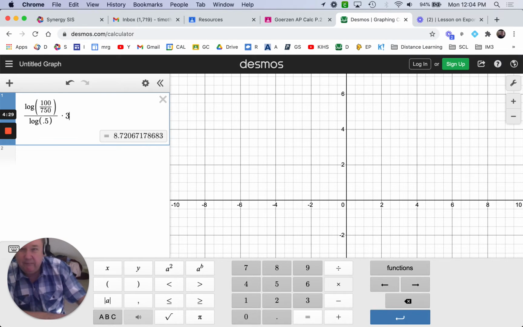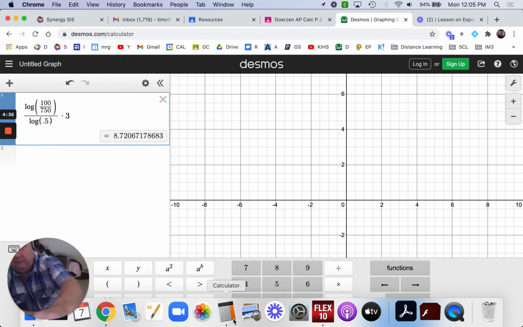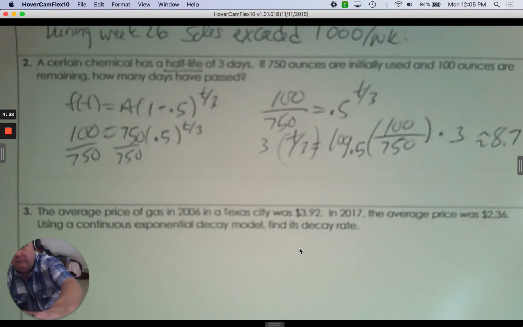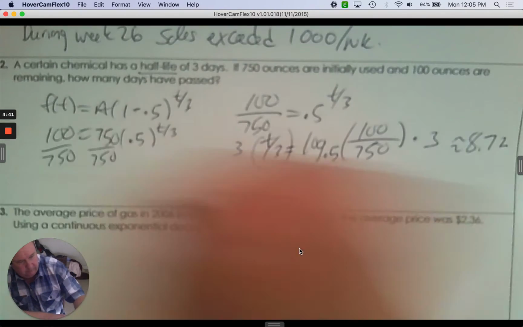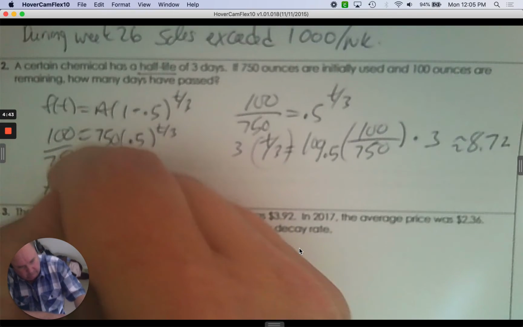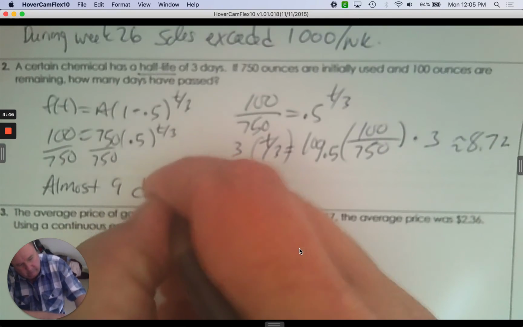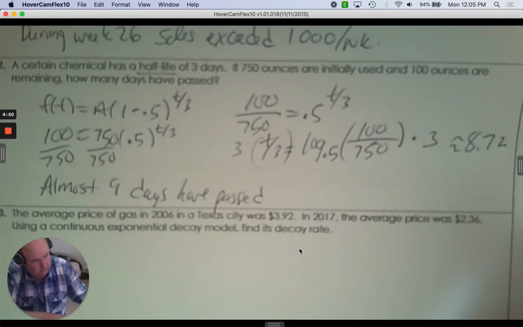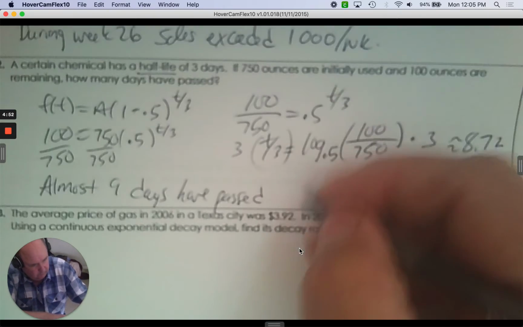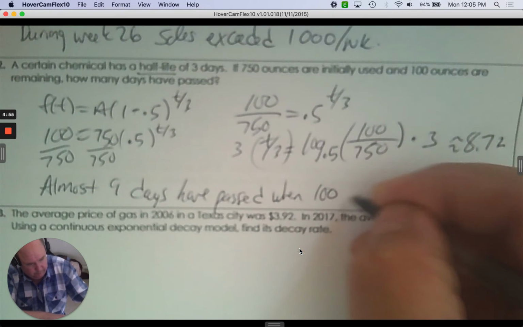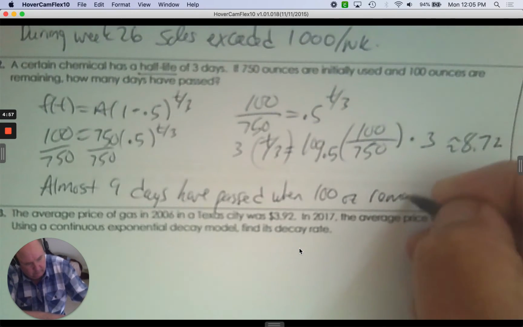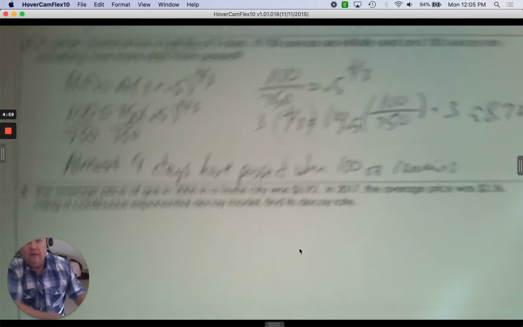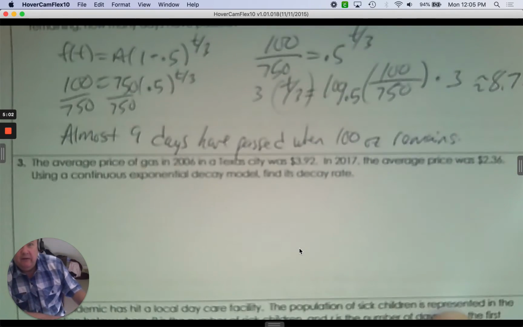So how many days have passed? Almost 9. So almost 9 days have passed when 100 ounces remain.